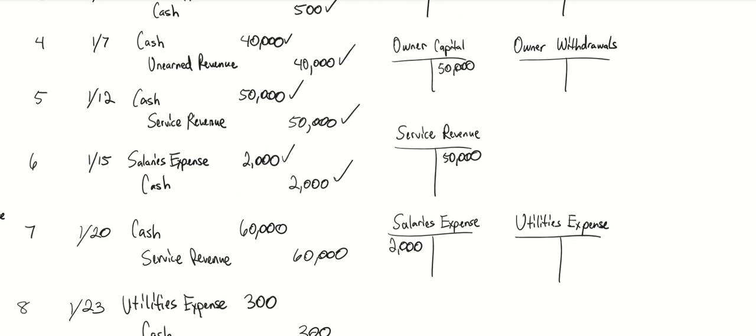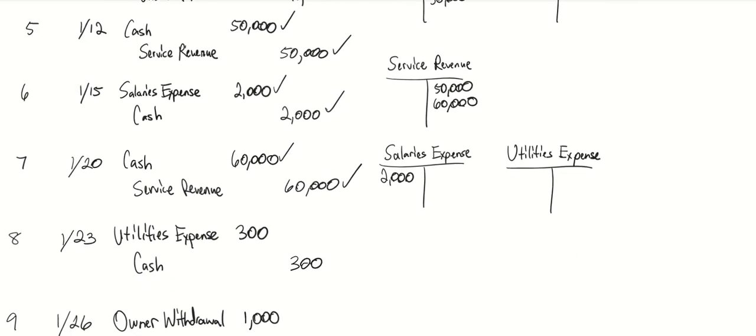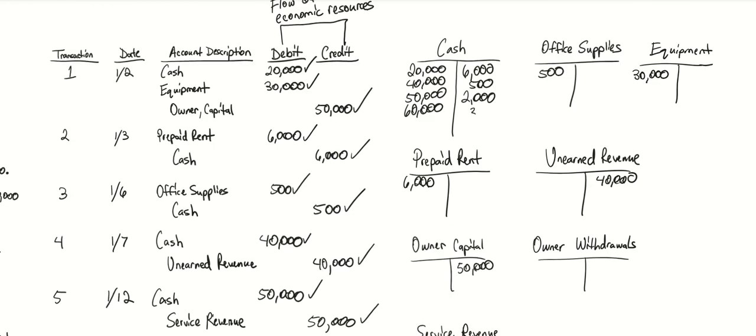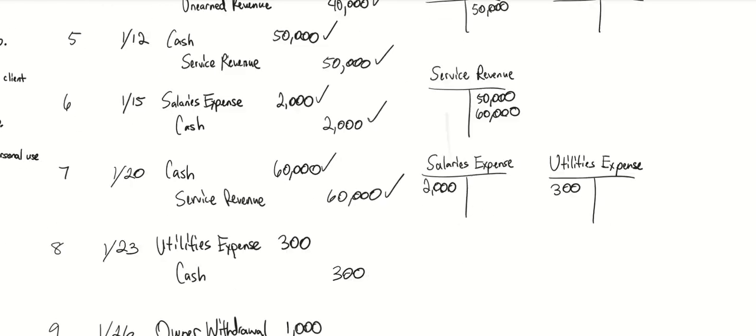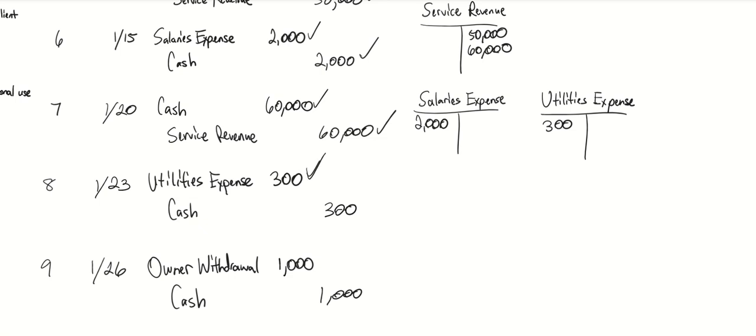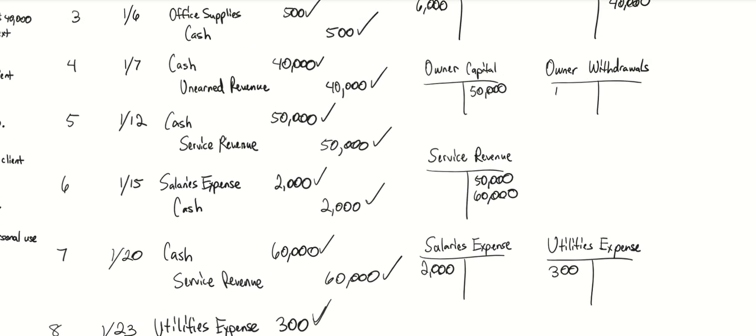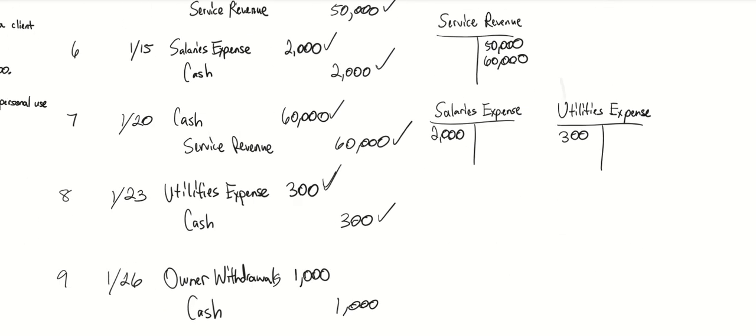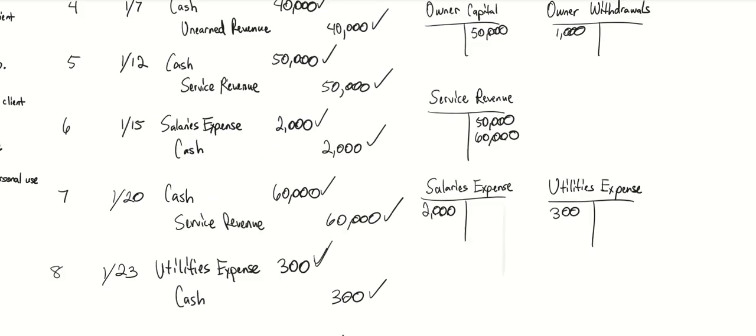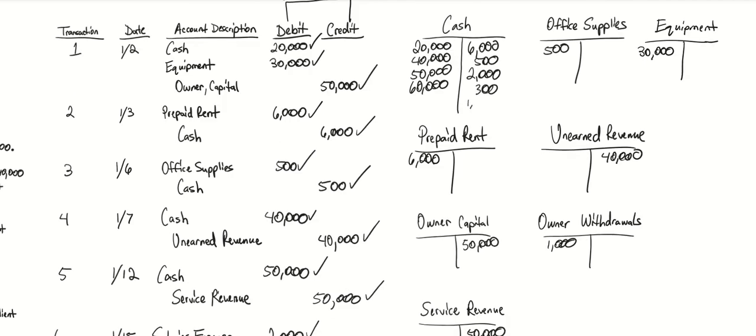Service revenue has a credit of $60,000. Okay, utilities expense has a debit of $300. Cash has a credit of $300. Okay, owner withdrawals has a debit of 1,000. And then cash has a credit of 1,000.